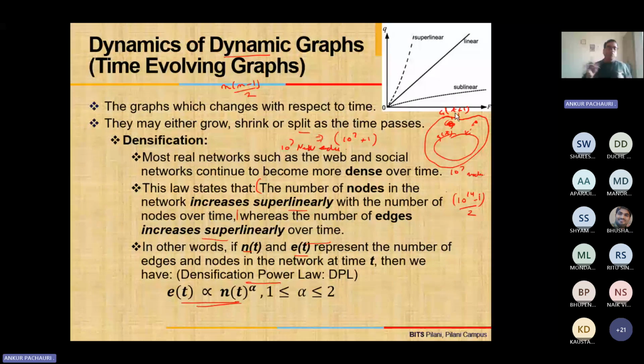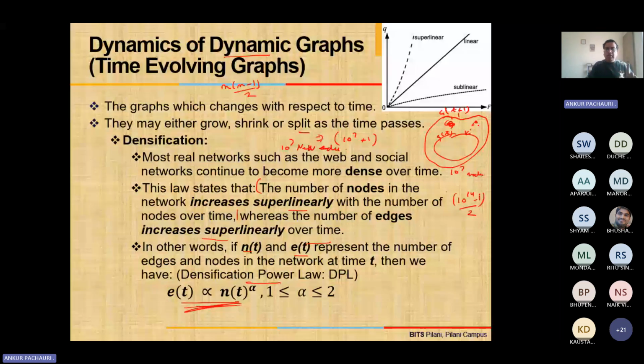What is the difference? One new node and 10 to the power 7 new edges. In an ideal situation, if I assume my graph to be almost complete, the value will be lesser, but still the number of edges will be far more in comparison to nodes.